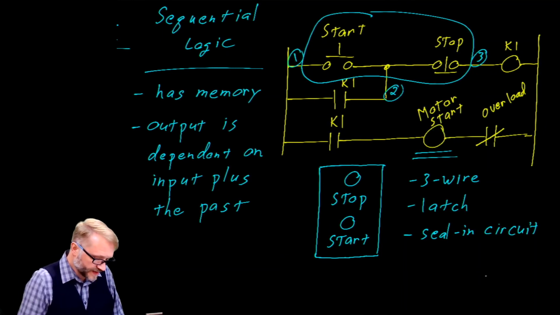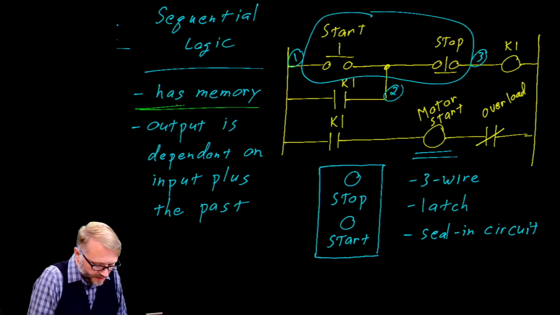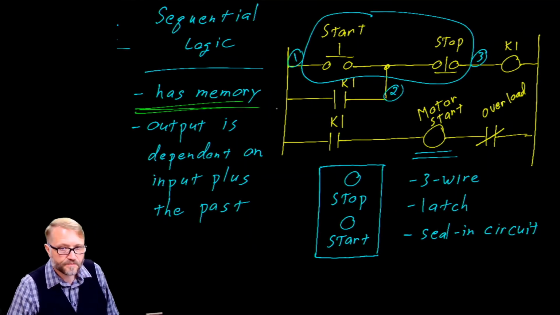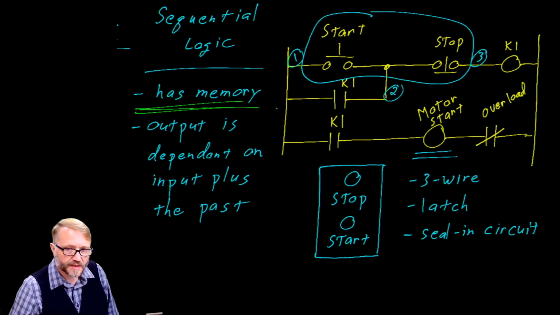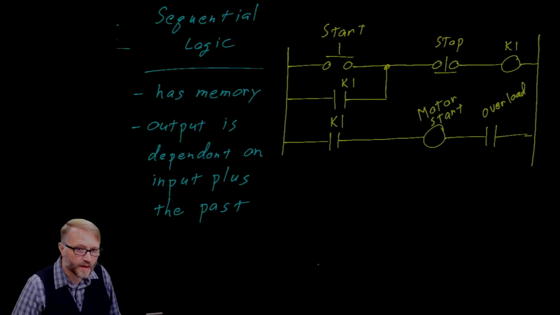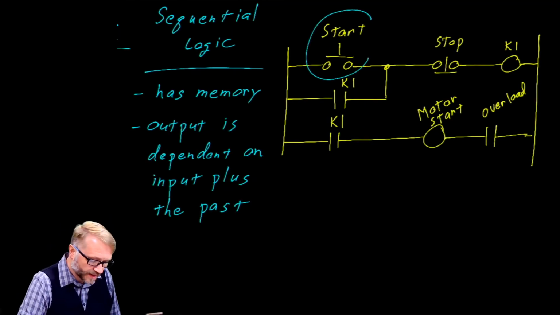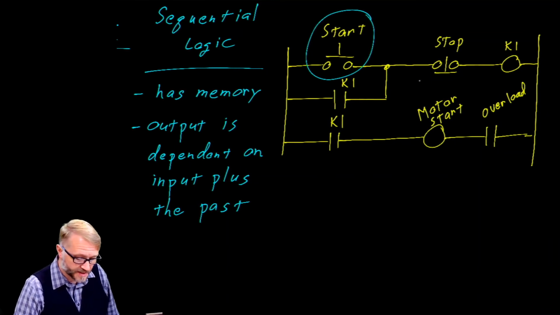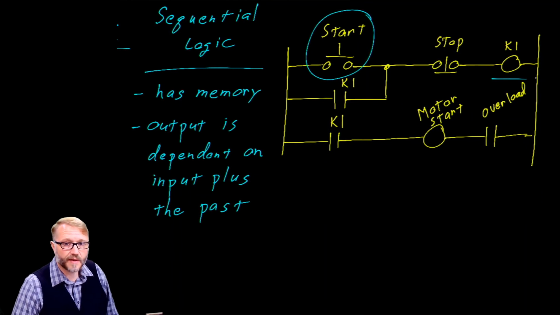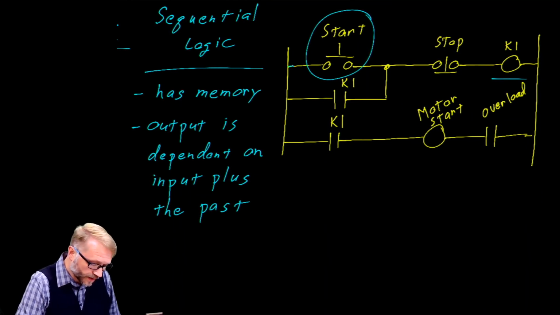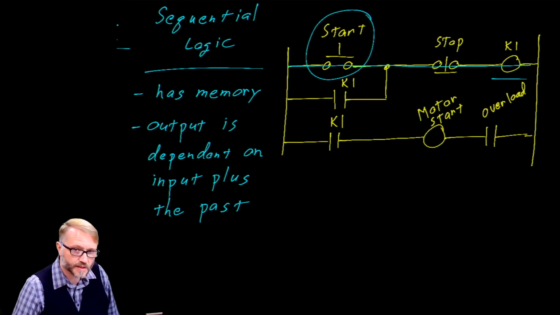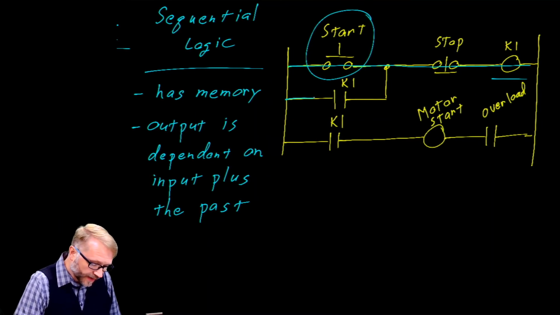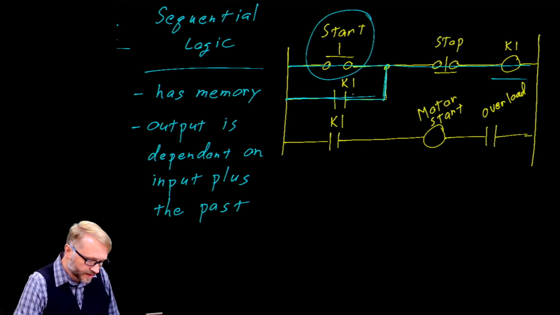Now, we said a sequential circuit has memory. So where is the memory in this circuit? Here's how it works. When the start button is pressed and the stop button is not pressed, coil K1 will be activated, right? This rung here will evaluate as true. As soon as that happens, K1 will activate and it will provide this second path.